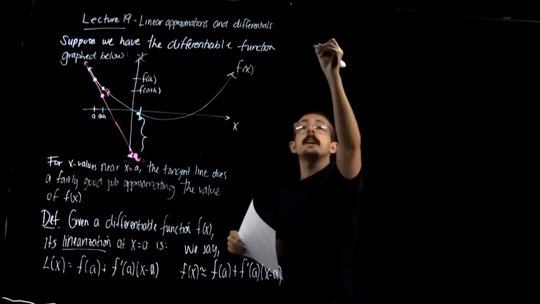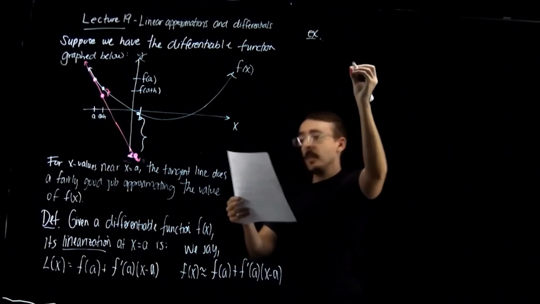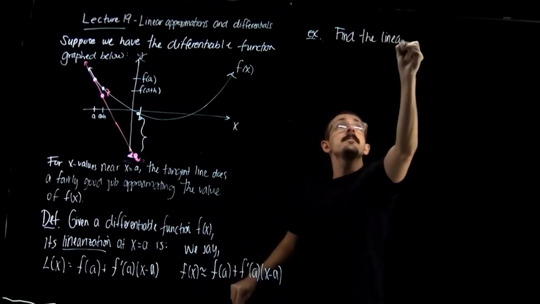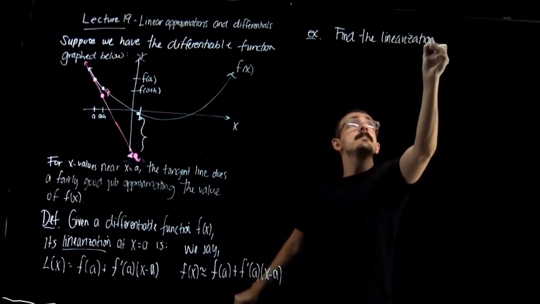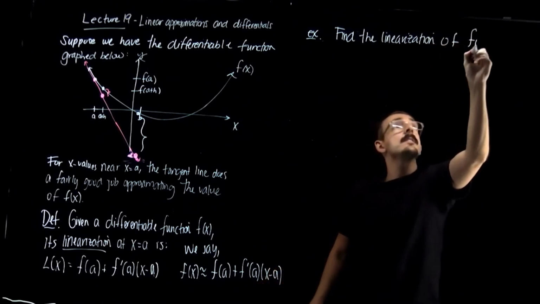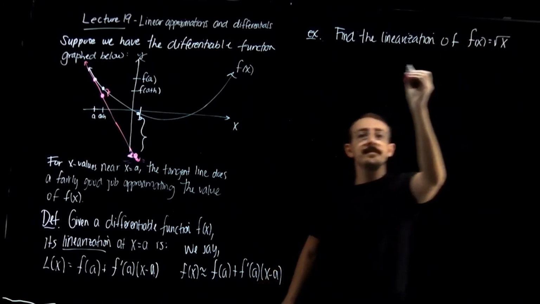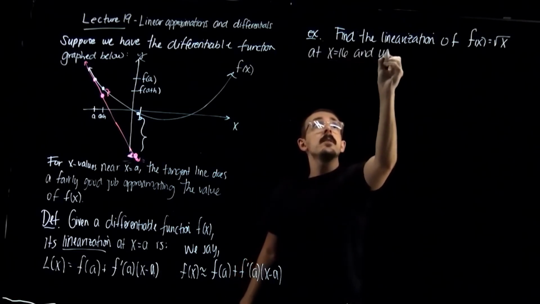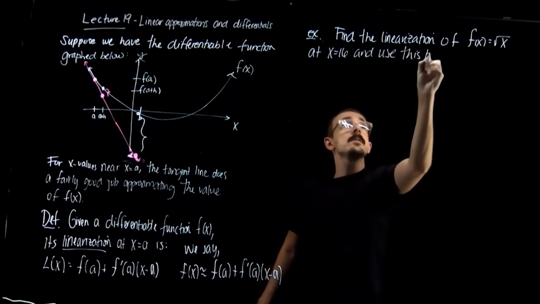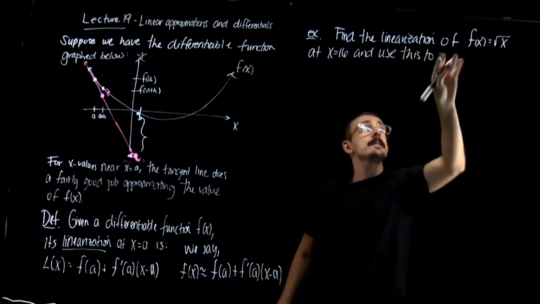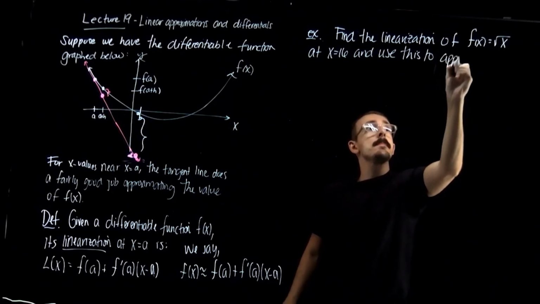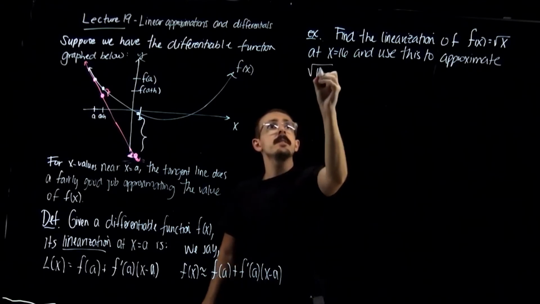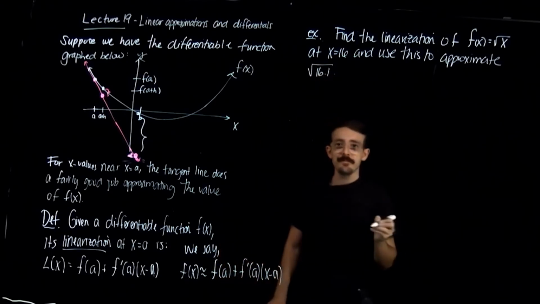Let's look at an example, like an actual numerical example. So here's my example. We're going to find the linearization of f of x equals the square root of x at x equals 16, and we're going to use this to approximate the square root of 16.1.